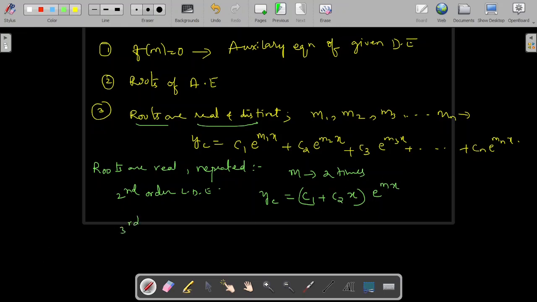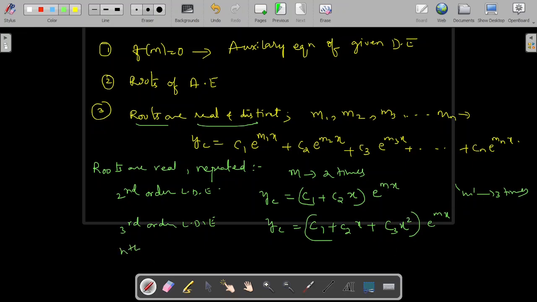Suppose you have a third order linear differential equation, and that root m is repeated 3 times. In that case, yc equal to (c1 plus c2x plus c3x square) into e power mx, like this, based on the repetitions. So here you should have these terms with the power of x up to n minus 1.